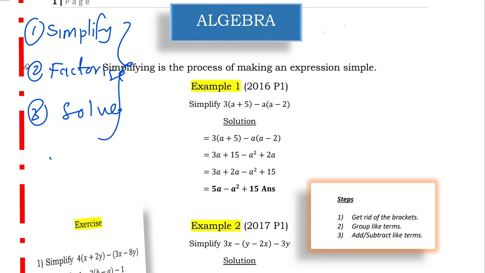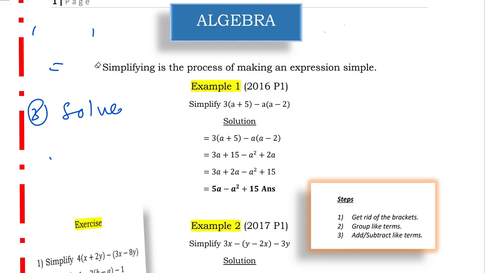So let's look at example number 1 here. I've decided to use this example because it's what came in 2016. They're saying simplify 3(a + 5) - a(a - 2).